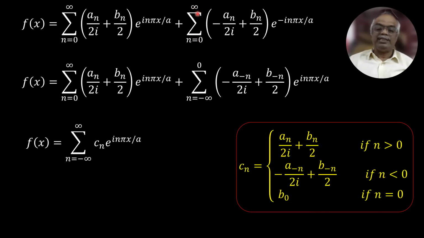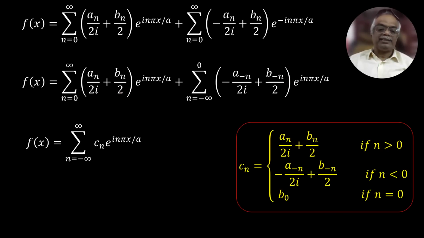Now here you interchange the limits, from 0 to infinity to minus infinity to 0, so you make n negative. This can be rewritten as minus a_(minus n) divided by 2i plus b_(minus n) divided by 2, multiplied by the exponential. Here I am also replacing n with minus n, so minus of minus n becomes plus n.